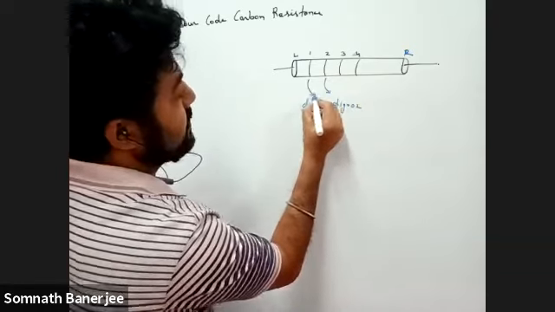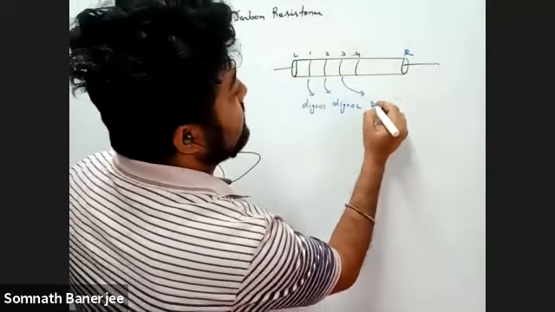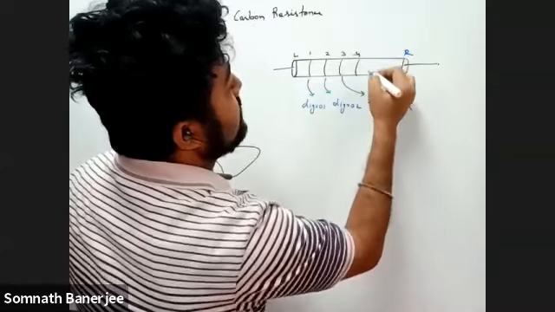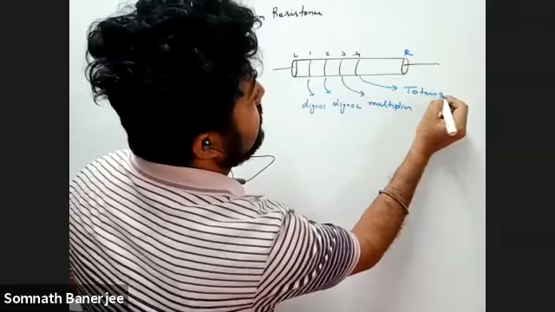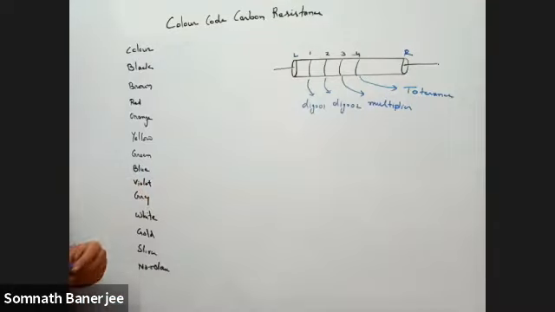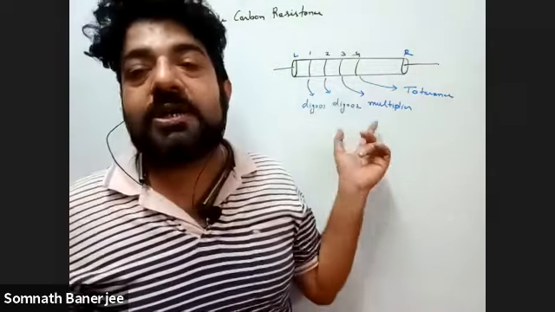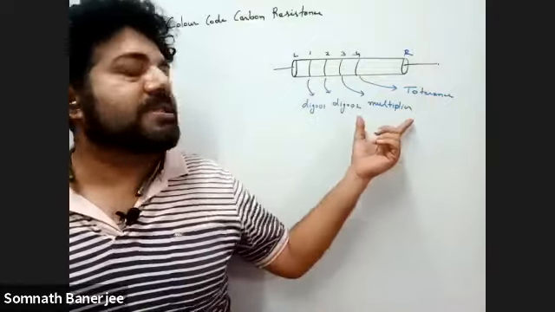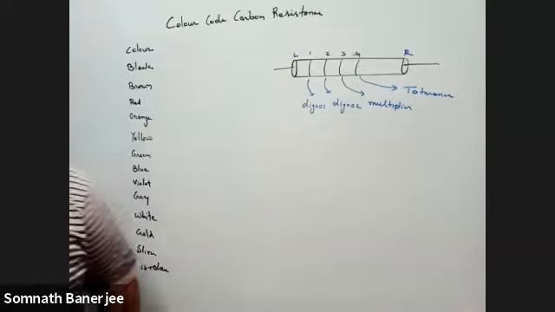The third color represents the multiplier, and the fourth color represents the tolerance. So in this way, the first two color codes represent the digits, the third one represents the multiplier, and the fourth one represents the tolerance.